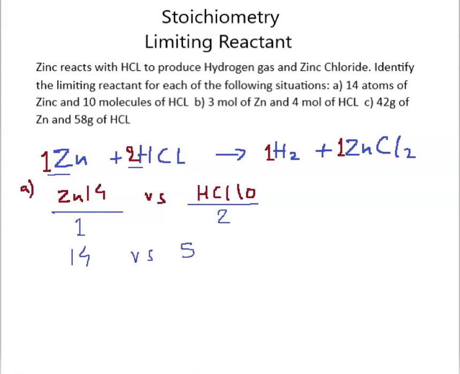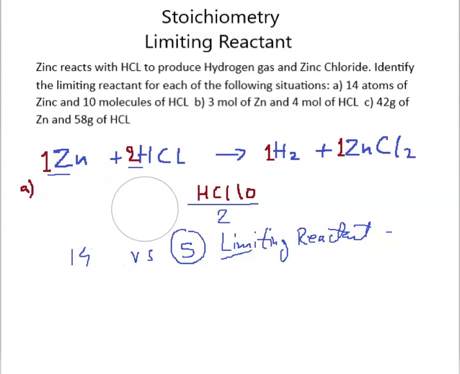So in part A, this is the limiting reactant. The other one is obviously the excess reactant. So this will run out first, the limiting reactant. Okay, so let's try B.